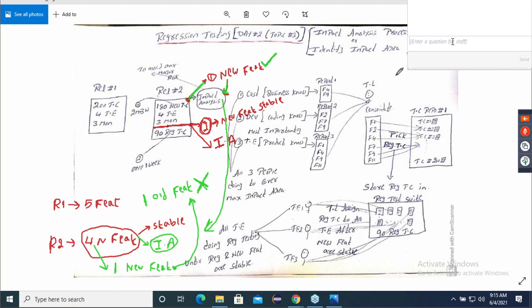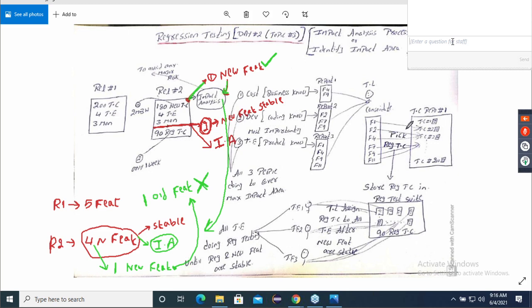Can you tell me, simplest example, guys, if you want to start any business, when will you do the impact analysis? I want to start some business. When will you do the impact analysis? After the business is started or before the business is started?